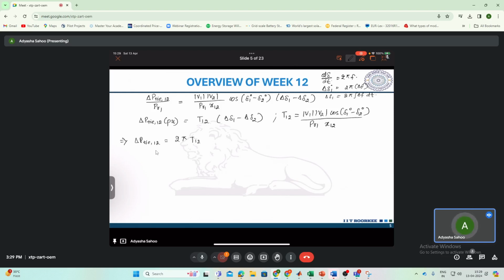So here, same, if I replace del delta 1 by this integral, change in frequency delta f1 dt minus change in frequency delta f2 dt.